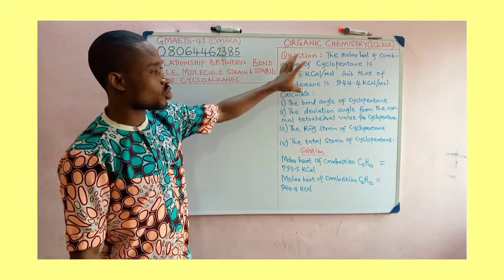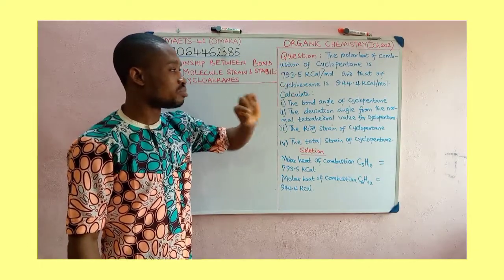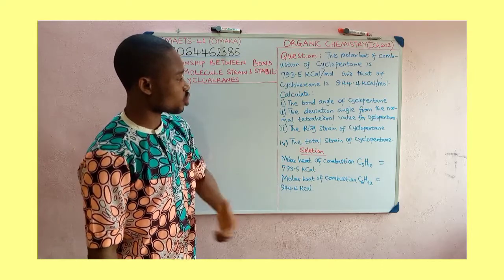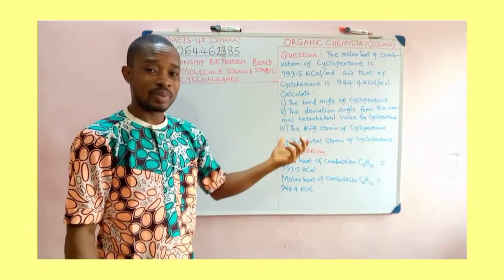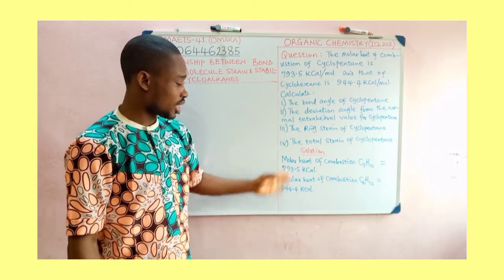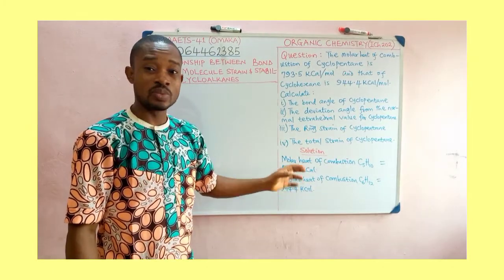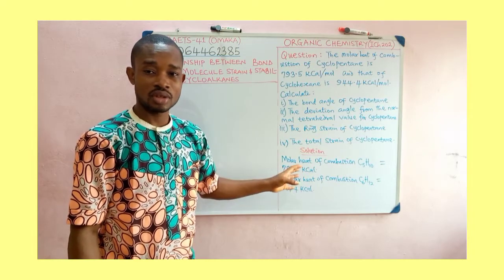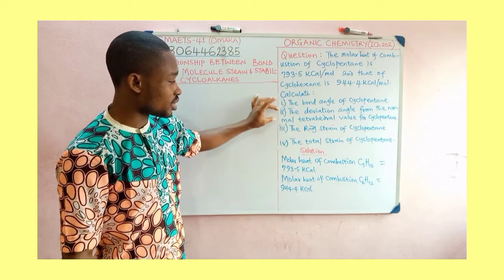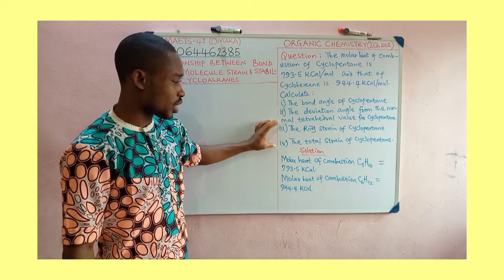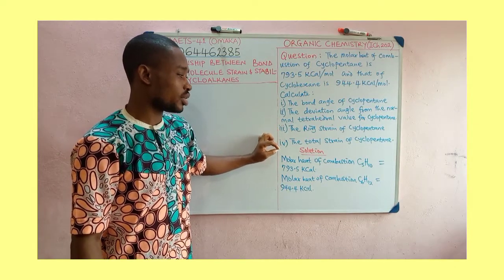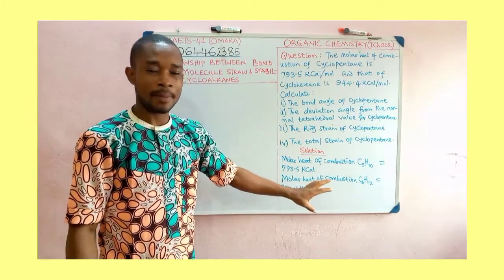From the question given to us, the values we know are the molar heat of combustion of cyclopentane and cyclohexane. So look at them here. We know their values. From there, we can calculate the observed heat of combustion for each. But when we get to where we need to use it, that is for the ring strain and the total strain, I'm going to explain that. Is that okay?